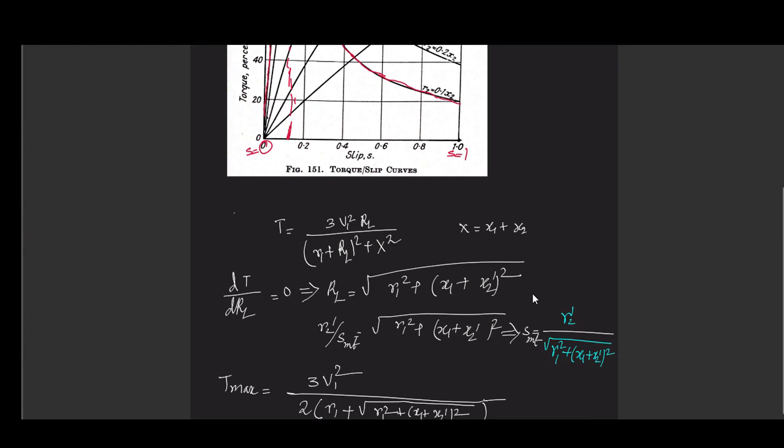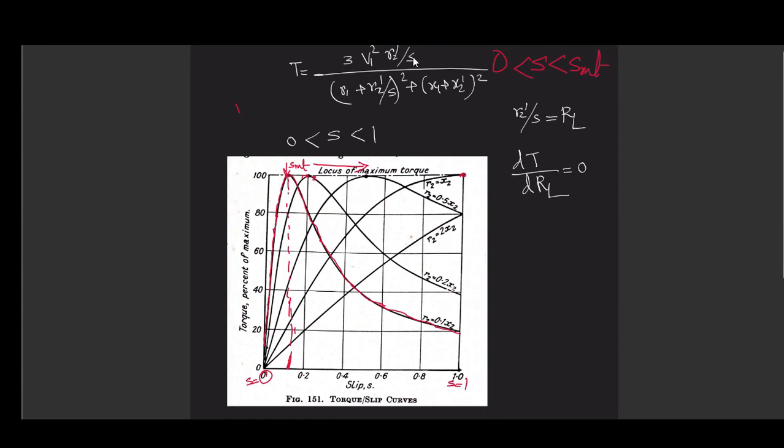When it is less than SMT, that means the denominator is less than R2 dash. Now when you put it here, you get something that is linearly proportional with slip, because in your numerator you have 1 by S, and in the denominator you have S square.